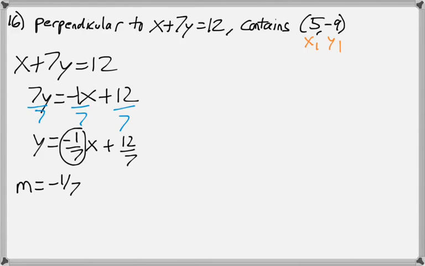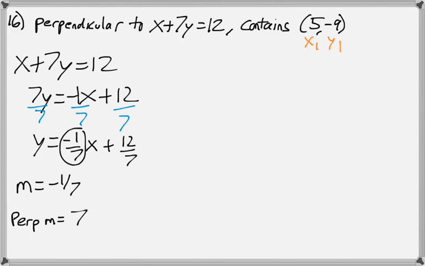Our slope is perpendicular to this. And again, perpendicular slope, that is the negative reciprocal, or the opposite reciprocal. So it's going to be positive because this is negative. And if I flip 1/7, it becomes 7 over 1, or just 7.